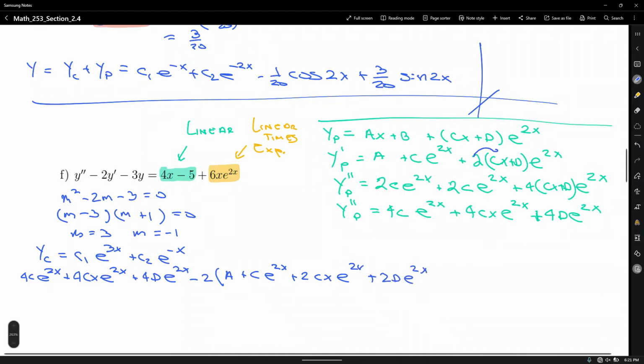All right? Minus 3 times the guess of the function.